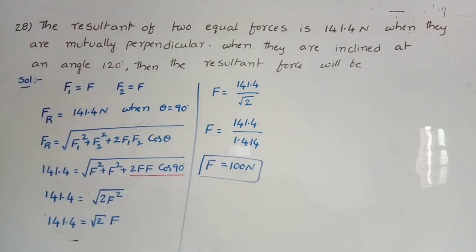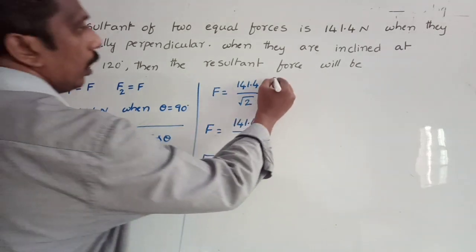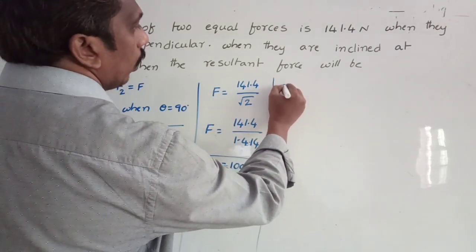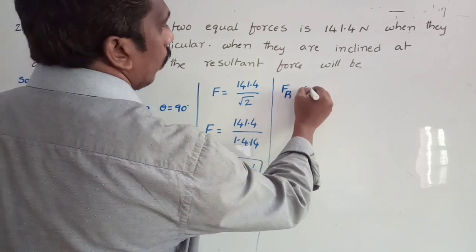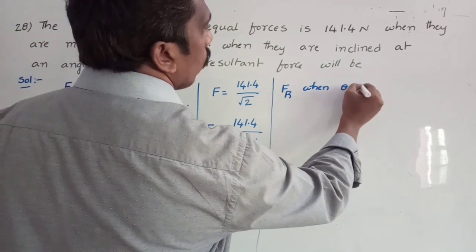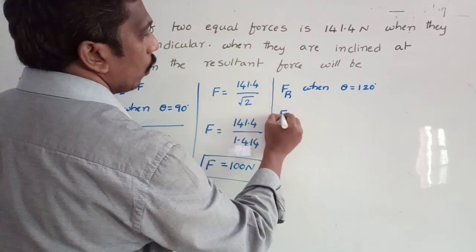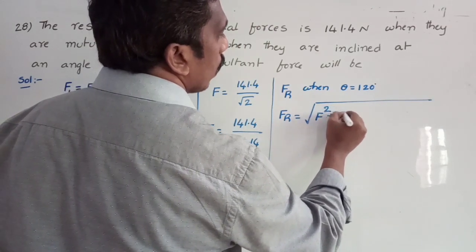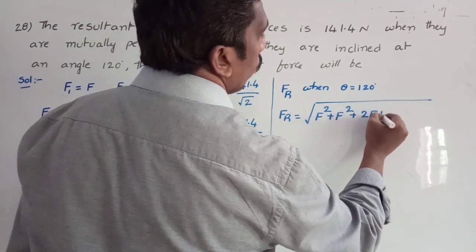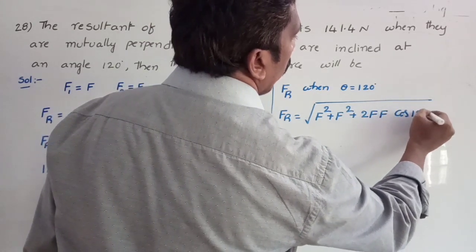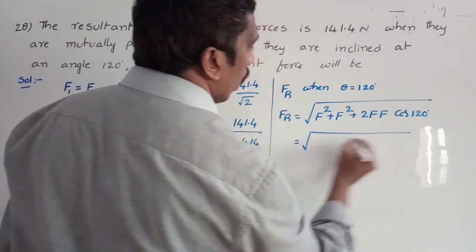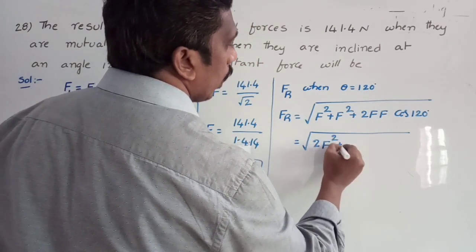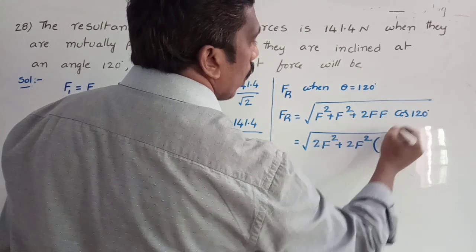Now what we have to calculate? If they are inclined at 120 degrees, then we calculate the resultant. F resultant. When theta is equal to 120 degree, so F R is equal to under root of F square plus F square plus 2F square into cos 120 degrees.